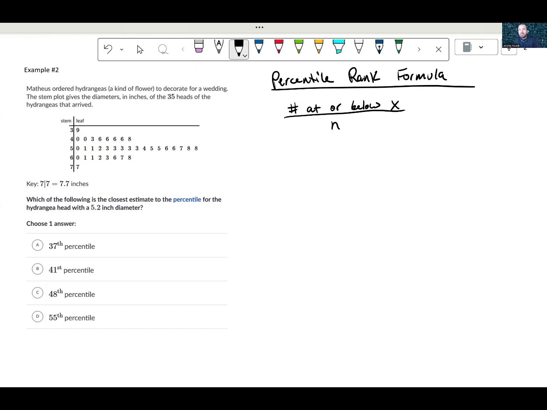So first, we're going to figure out how many values are at or below 5.2. So we're going to count the number at or below 5.2. So that's what it's asking us to find a percentile for 5.2. So we're going to read our stem and leaf plot.